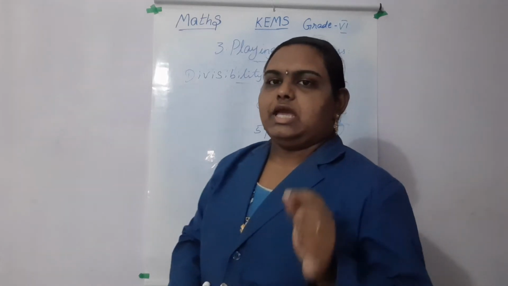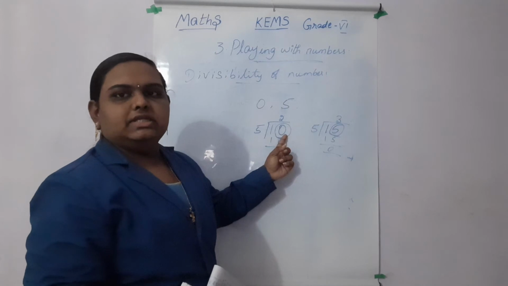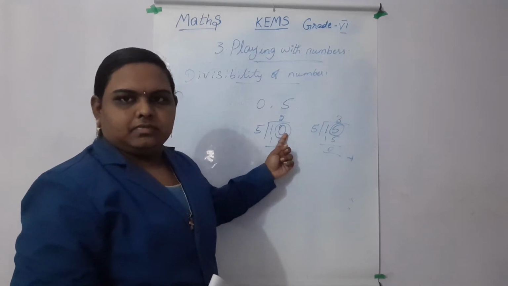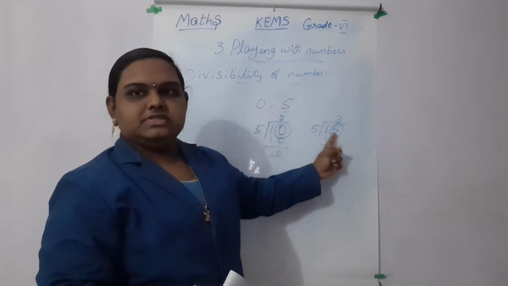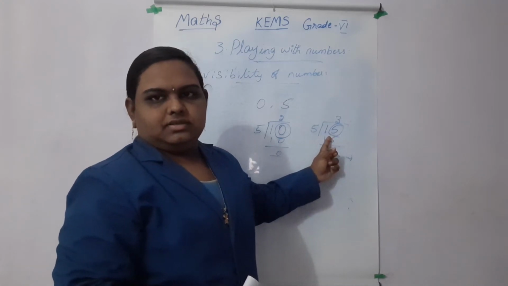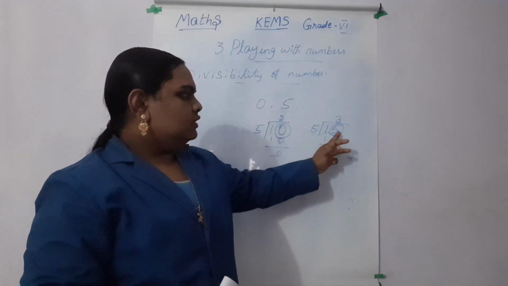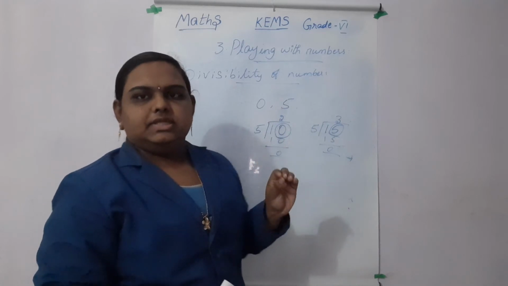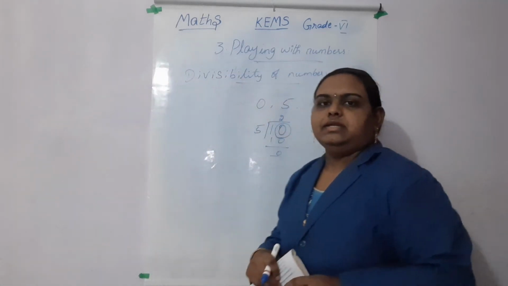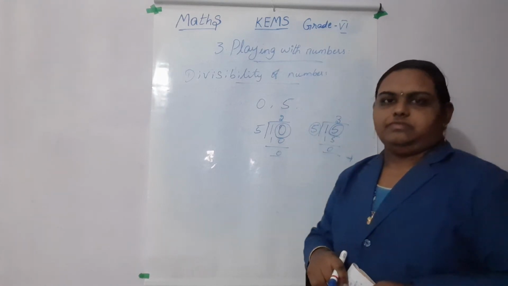If you have 0 in the ones place, it is divisible by 10. But a number with 5 in the ones place cannot be divided by 10, isn't it? So a number with 5 in the ones place can be divided by 5.